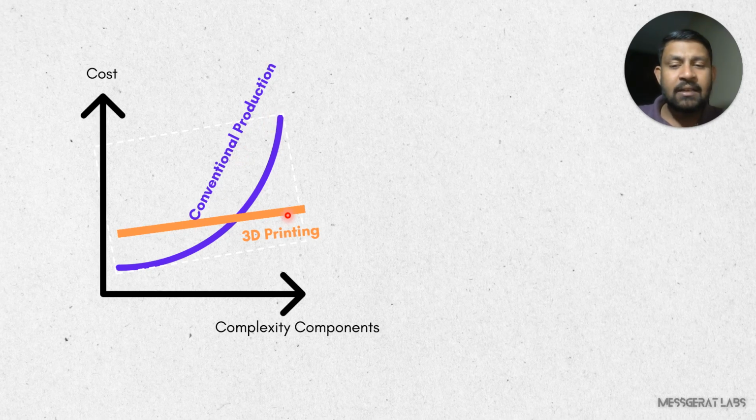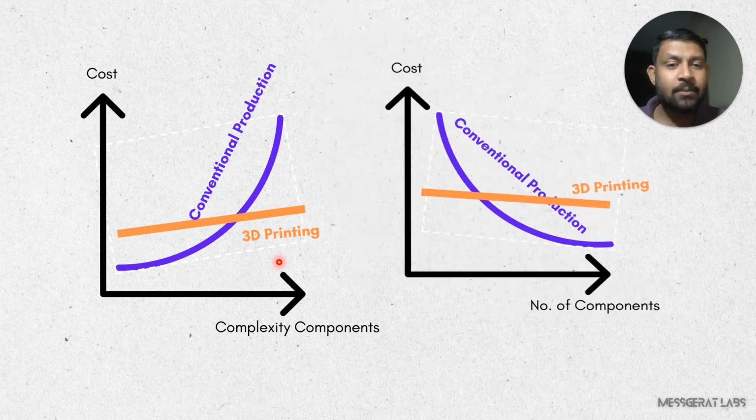Whereas in 3D printing, with the complexity, there will be an increase in cost, but the increase will be very minimal as compared to conventional process. So if you have really highly complex design components, then conventional manufacturing might end up being costlier as compared to 3D printing. So if we are in this zone, we can choose 3D printing as one of the preferable ways.